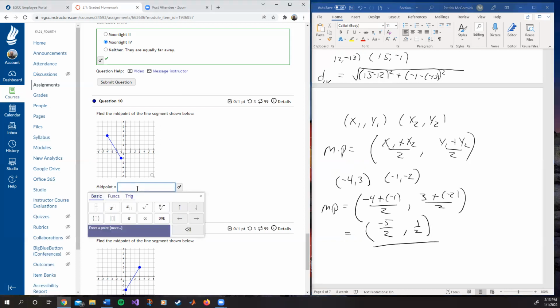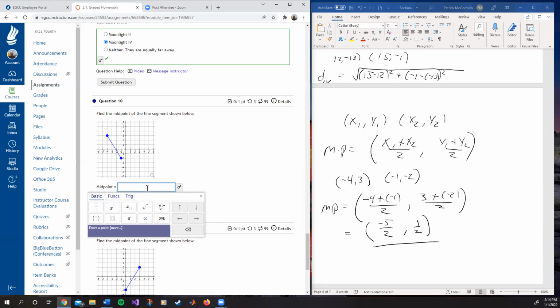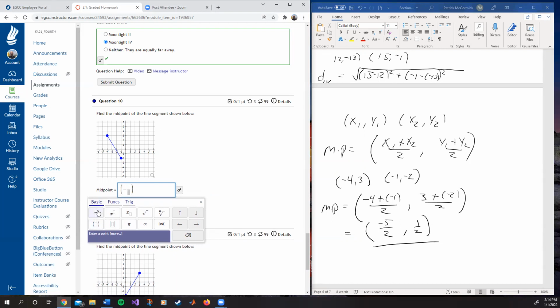So our midpoint, so negative 5, oop. Notice it said invalid notation. I forgot to put it in parentheses. Now, negative 5 halves, comma, fraction 1/2. And there we go.